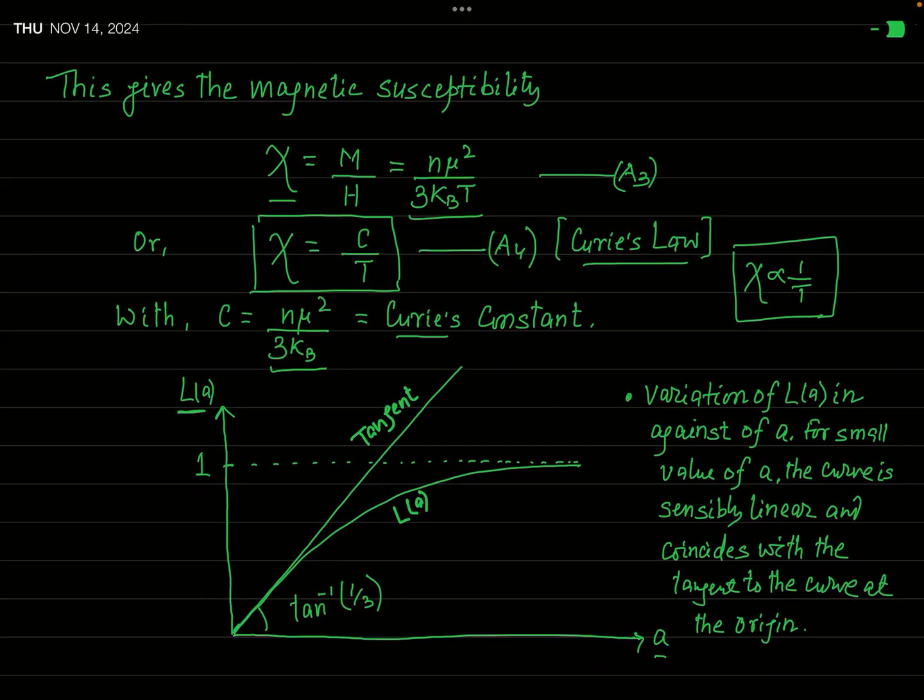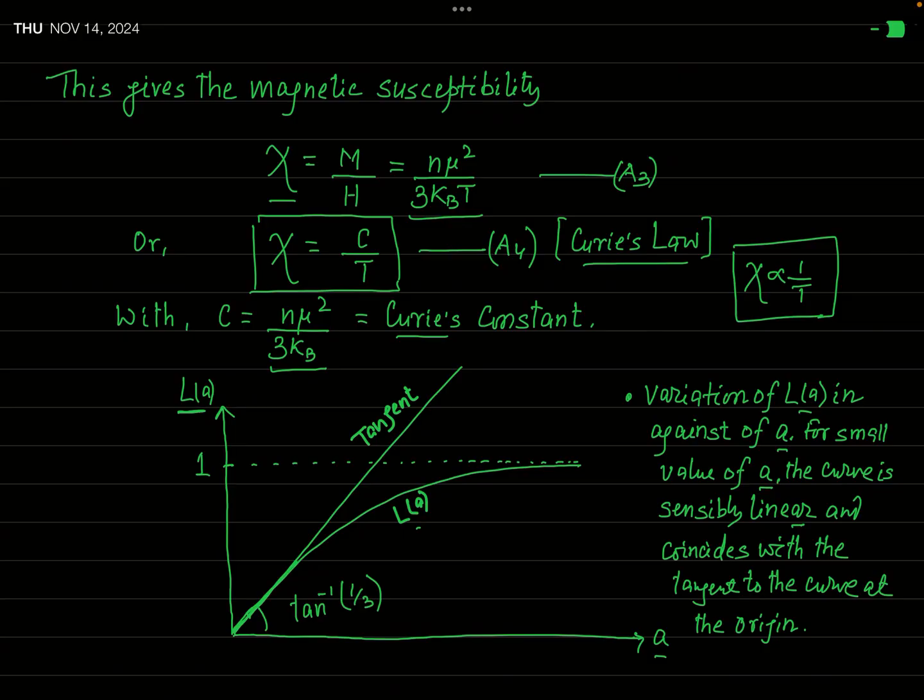For a small value of A, the curve is sensibly linear and coincides with the tangent to the curve at the origin. If you draw a tangent here at the origin, then this tangent will coincide with this L of A curve.